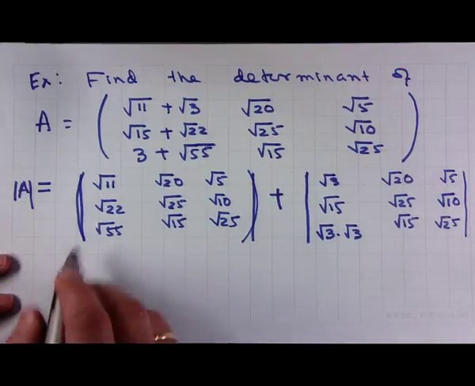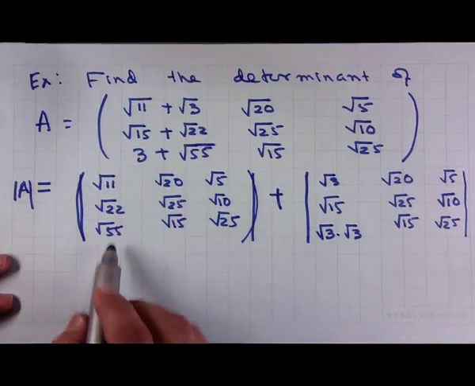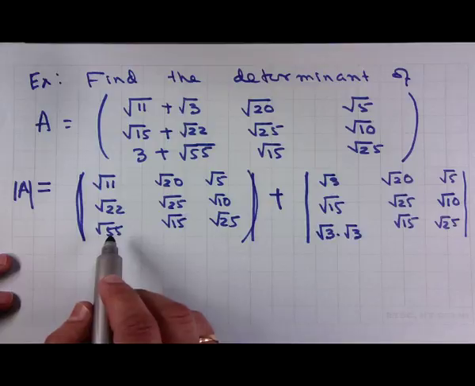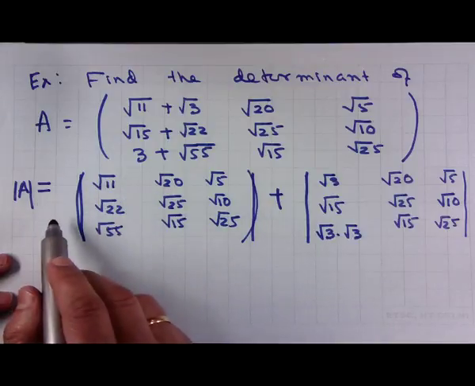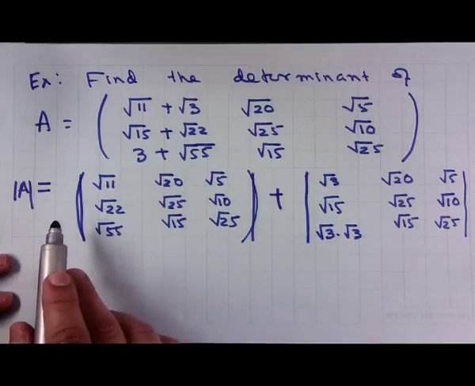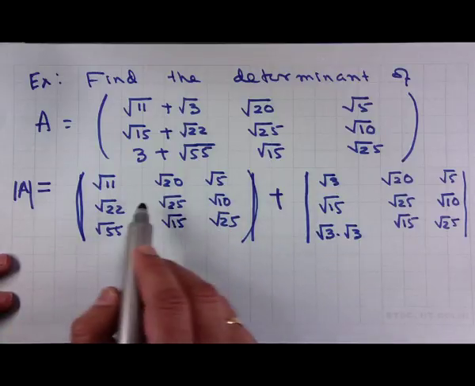Now, since all the elements have root 11 in this first one, I can take root 11 out and I get the determinant of a matrix.